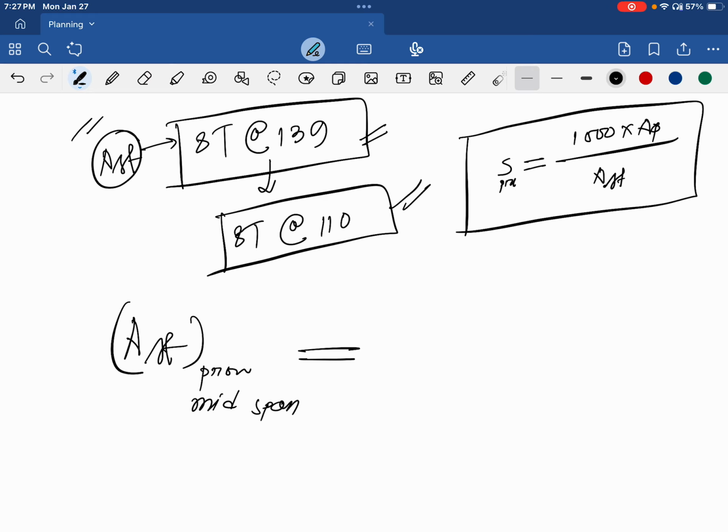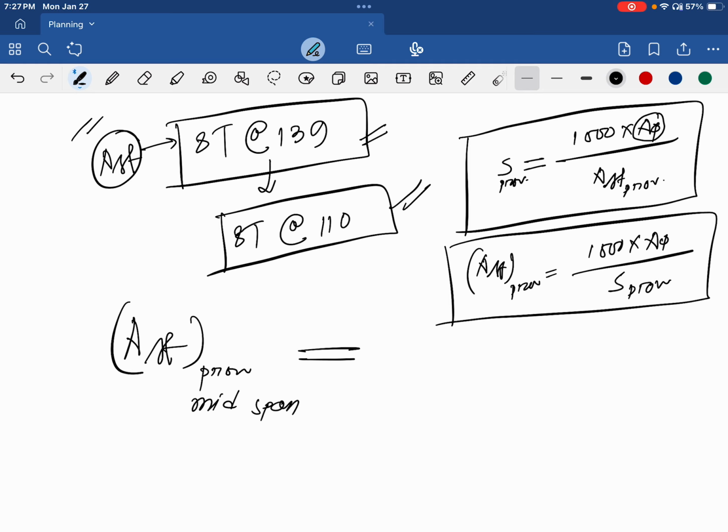Once we know the spacing provided and the bar diameter that we are using, we can find out AST provided. So AST provided will be 1000 into phi by spacing provided. This is how you have to find out AST provided.